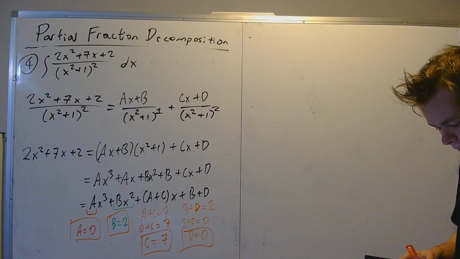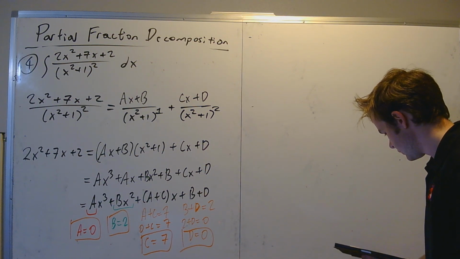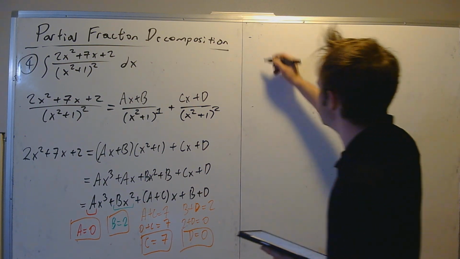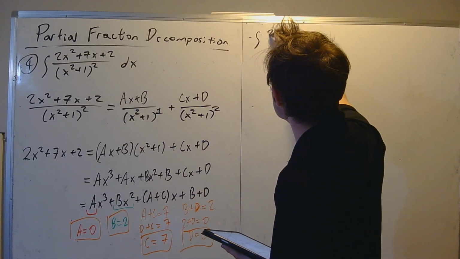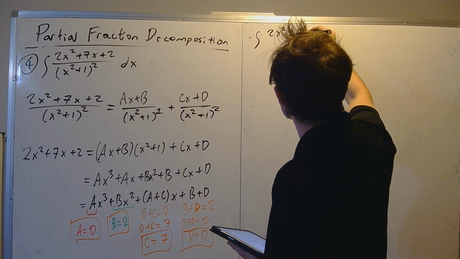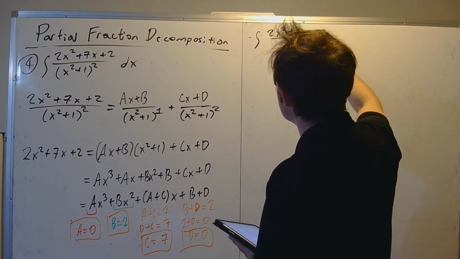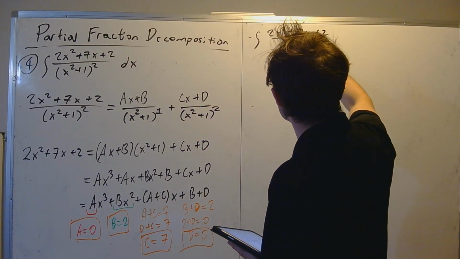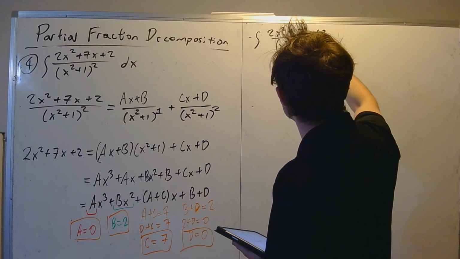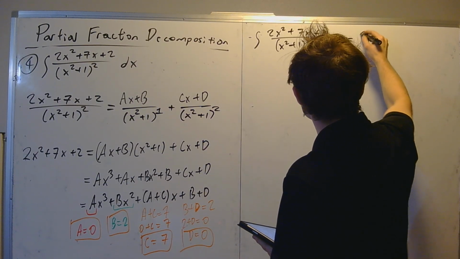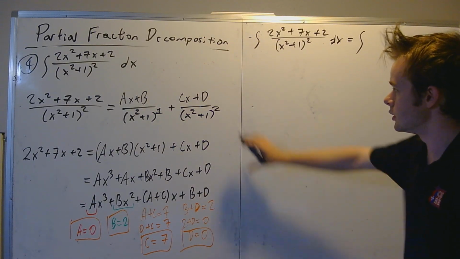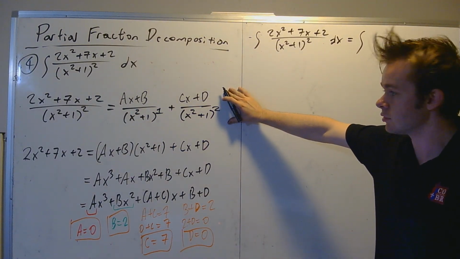So that's how we get these numbers here. Okay. So now we can say that our original integral, which was the integral of 2x squared plus 7x plus 2 over x squared plus 1 to the power of 2 dx is going to be equal to the integral of, now we just plug in a, b, c, and d into this form.